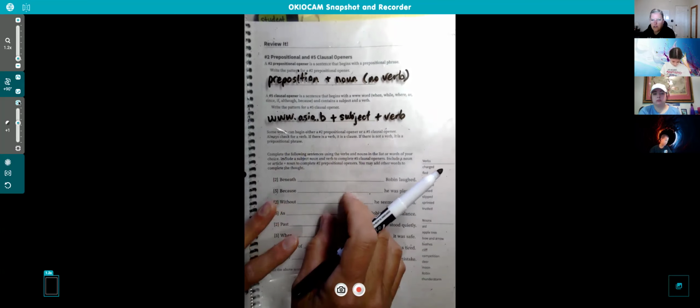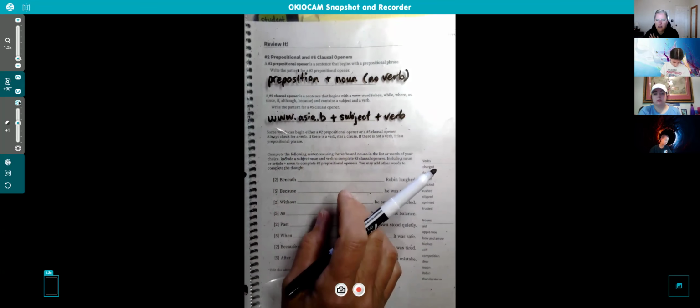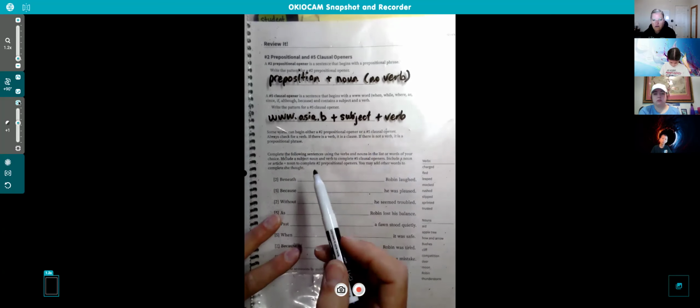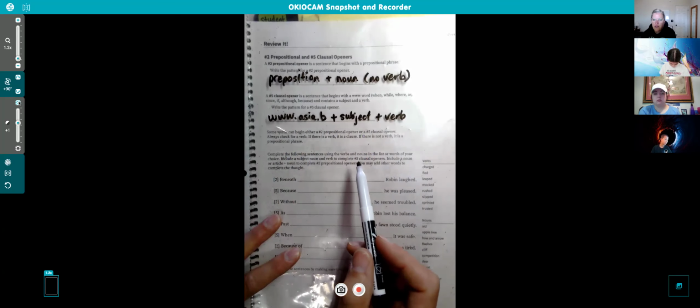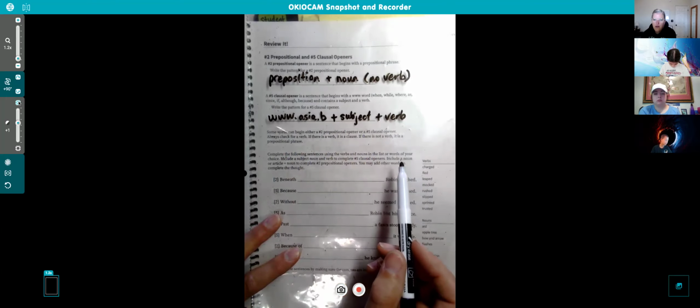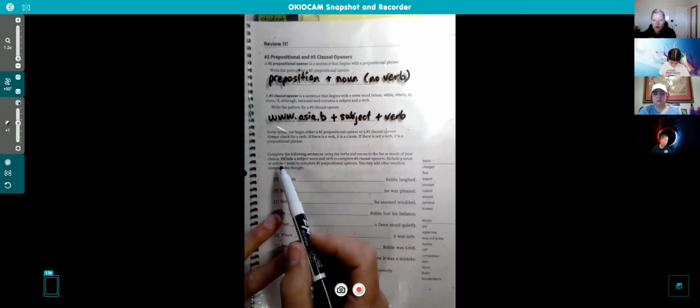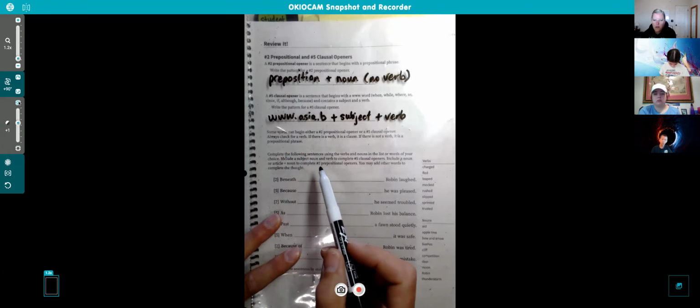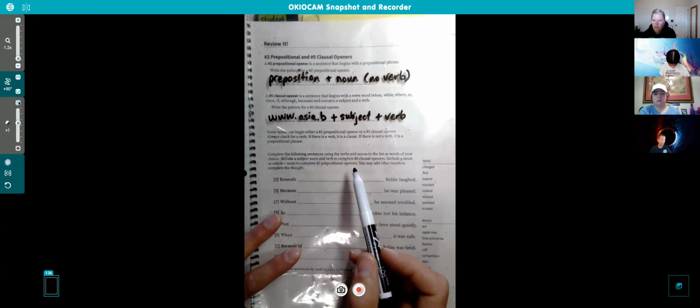Complete the following sentences using the verbs and nouns in the list or words from your own choice. Include a subject, noun, and verb to complete a number 5 clausal opener. Include a noun or article plus noun to complete a number 2 prepositional opener.